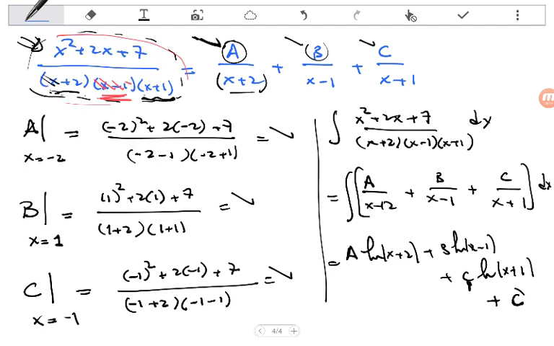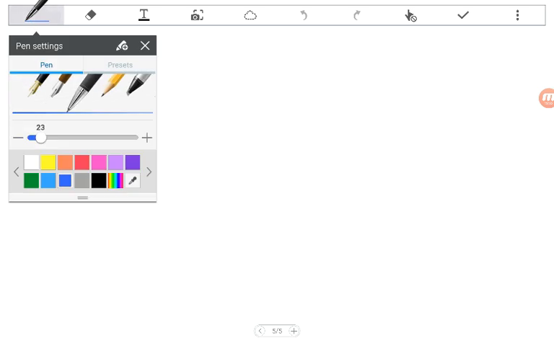Okay, now I've learned how to make partial fractions for simple linear brackets. Another form for partial fractions, if I had this expression.